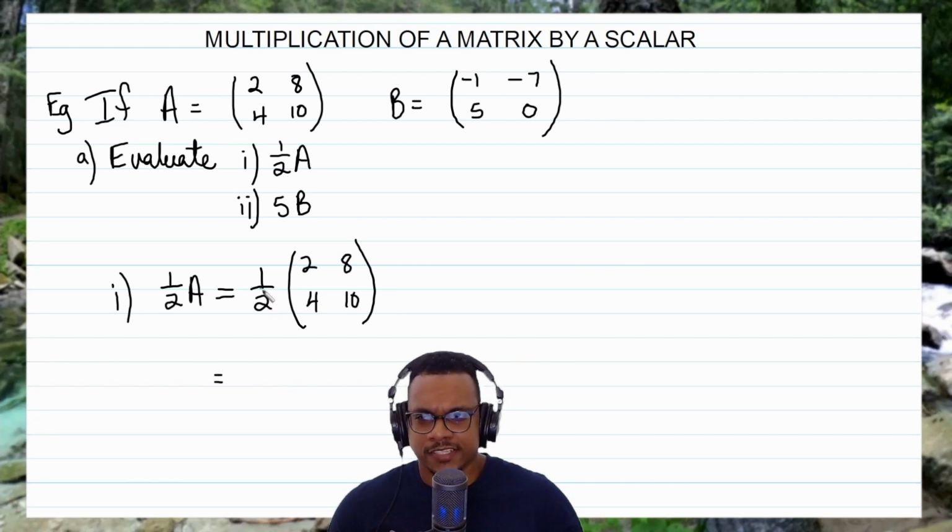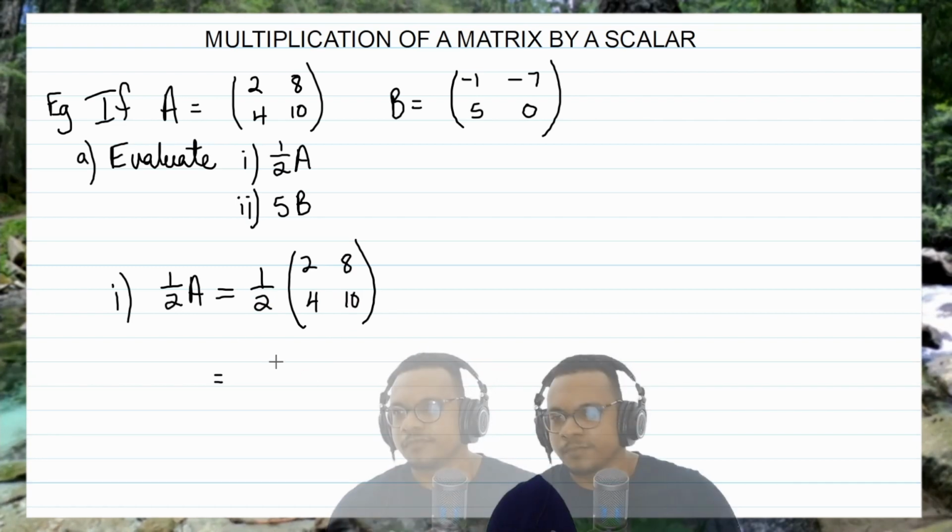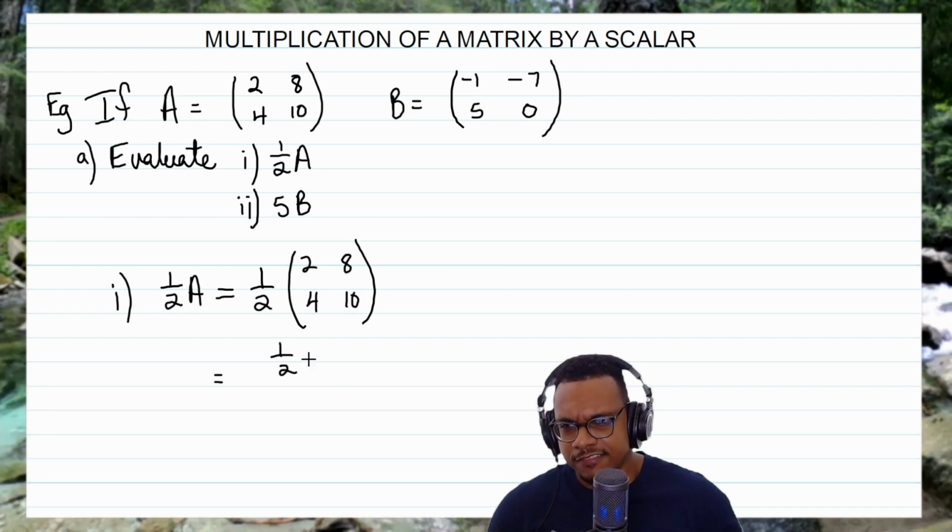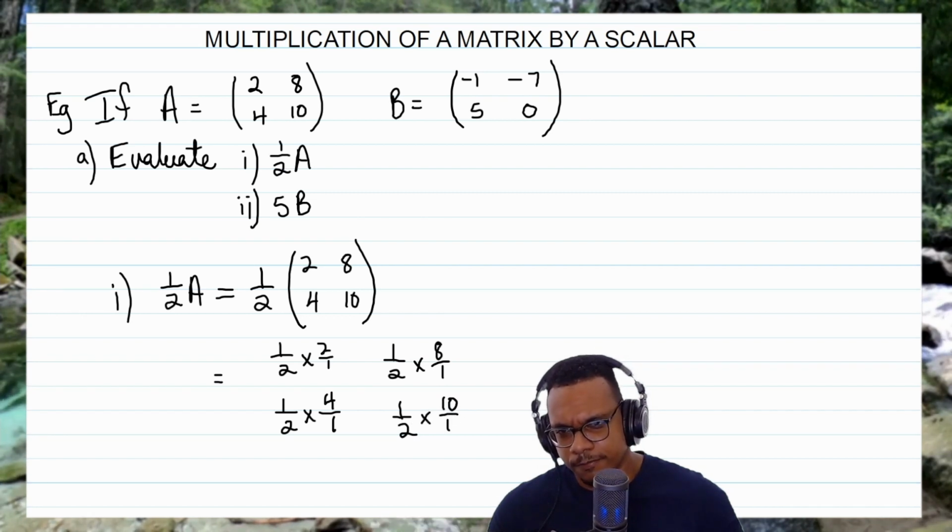So what I'll be doing here is multiplying this half by each number in the matrix. So I'll have a half by 2, a half by 4, a half by 8, and a half by 10. So I'll write a half times 2 as 2 over 1. A half times 4, I'll write that as 4 over 1. A half times 8, I'll write that as 8 over 1. A half times 10, I'll write that as 10 over 1.